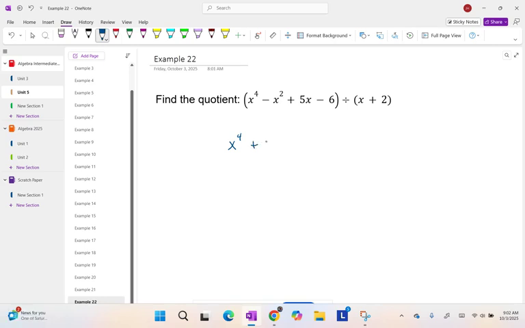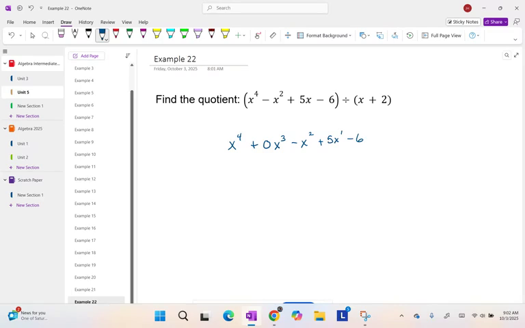A placeholder is just something that we're going to use throughout the problem to give us a place to line things up. And we're going to end up with some x to the third terms as we go through this. So then we have minus x squared, we have an x squared term, plus 5x, and that's our x to the first term, minus 6.